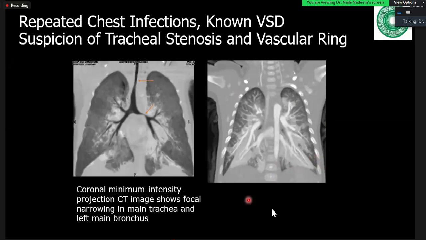We couldn't find a vascular ring, but if you look at the trachea, there is definitely narrowing. And just look at the left main bronchus, it is all narrow and compressed. So patients with VSDs will keep on presenting with large PDA, will keep on presenting with multiple lung segment collapse and air trapping and respiratory distress.